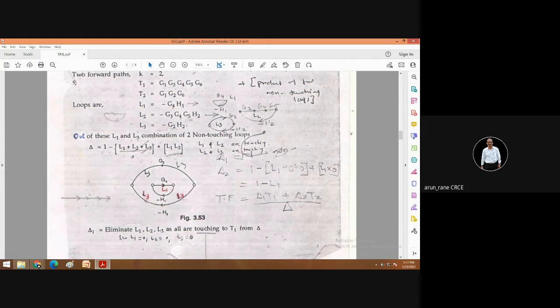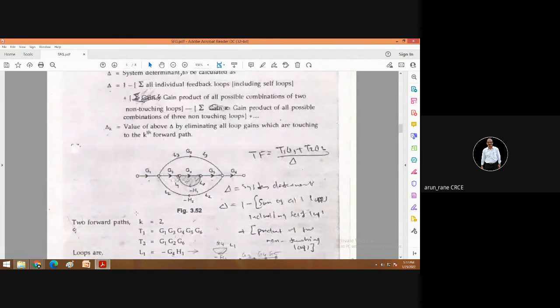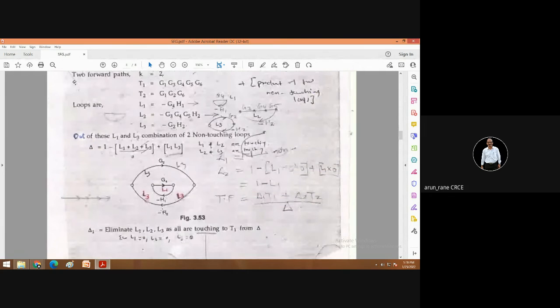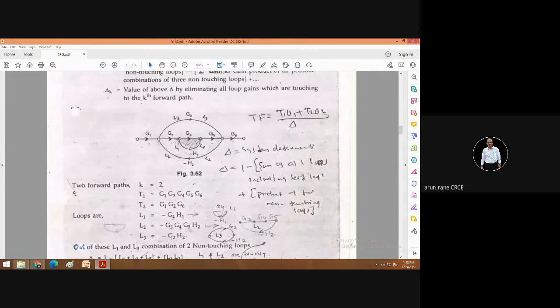Now you have to find out delta 1. So how to find out delta 1 here? It is the value of the above delta, by eliminating all loop gains which are touching the first forward path. So for delta 1, eliminate the loops touching T1.